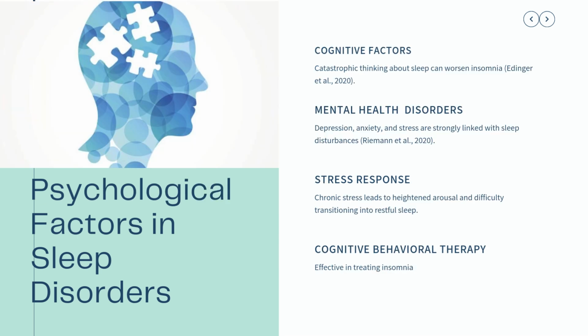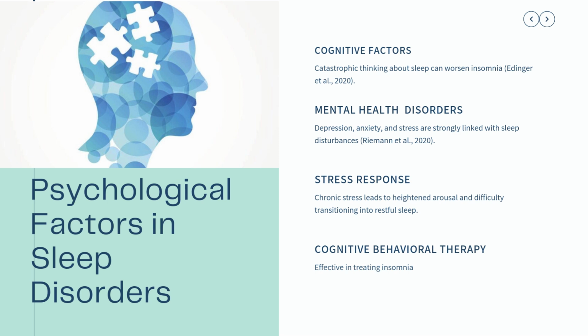Next are the psychological factors in sleep disorders, and they also contribute significantly to sleep disorders. One example is cognitive behavioral factors. Individuals who experience anxiety about not being able to sleep may also find themselves trapped in the cycle of sleeplessness. Psychological conditions such as depression and anxiety are also often linked with sleeping disturbance.